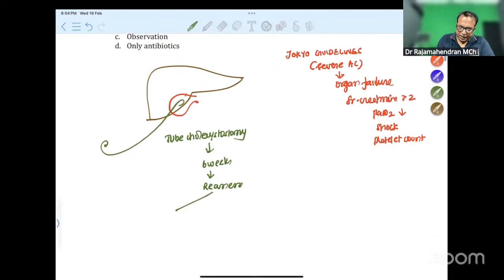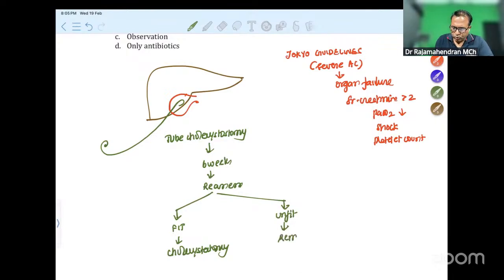If the patient is fit for surgery, go for cholecystectomy. If the patient is unfit for surgery, you can remove the tube and leave it, and follow up the patient.